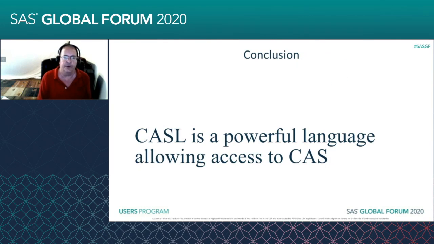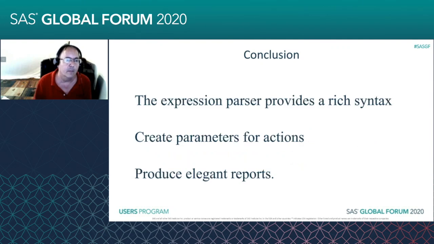One of the things we've learned so far, hopefully, is that CASL is a very powerful language, allowing you access to CAS. It is the premier way that SAS accesses CAS. The expression parser is very powerful. That's where you'll get all your power. To generate really good reports, you need to be able to process your data into a form that ODS can take.